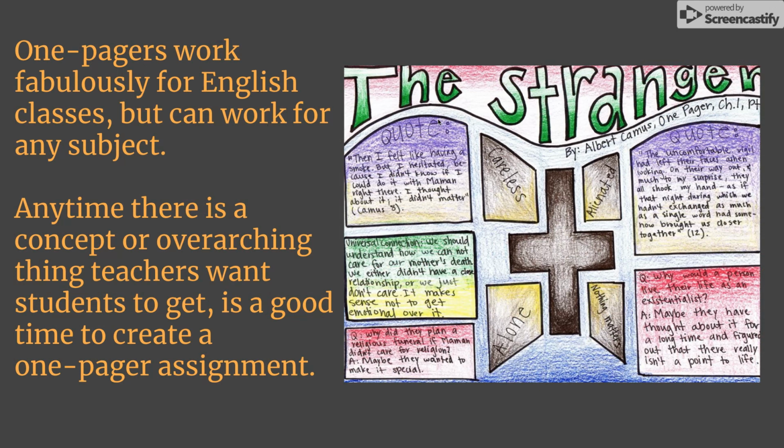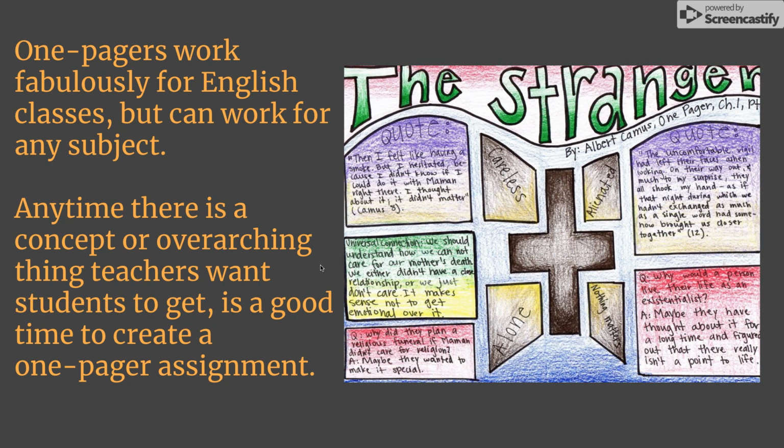So you can see how one-pagers would work very easily for English classes, especially with the drawings and the colors and things being symbolic and representing ideas. It's a nice way to tie in English, but these could be used in any class.